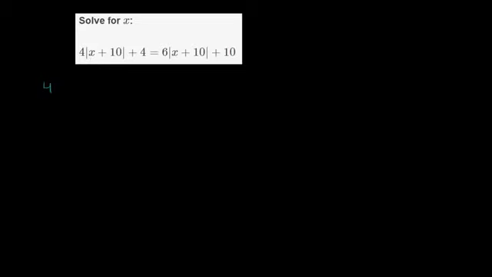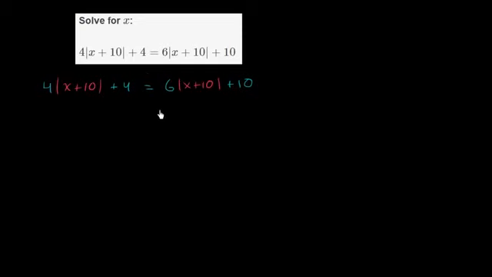So this is 4 times the absolute value of x plus 10, plus 4, is equal to 6 times the absolute value of x plus 10, plus 10. Let's get all of the absolute values of x plus 10 on the left-hand side. I want to get rid of the 6 times the absolute value of x plus 10 on the right. How would I do that?